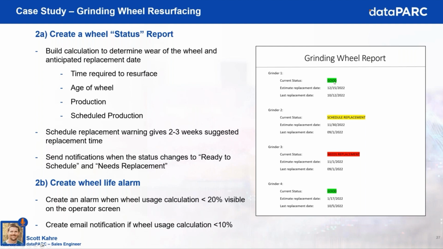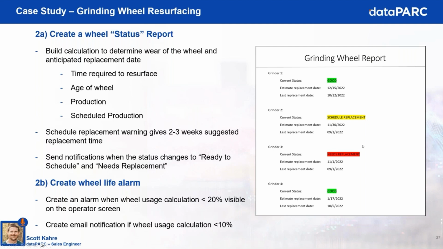If it's less than a certain amount, then you could have a scheduled replacement. And then ones that are near or at 0 life left, you could code those red and say needs replacement. So it's a simple summary that could be produced every day or every week, depending on the overall life of the grinding wheels, and sent out to those folks who are in charge of maintenance.